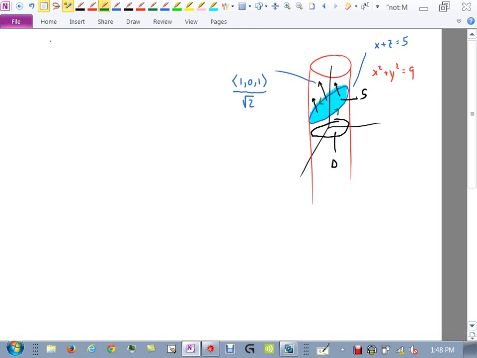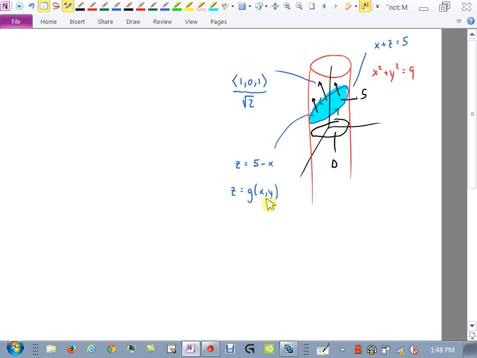Shadow. So let's look at this surface up here as being z equals 5 minus x, which means z is some function of both x and y. Now, even though y does not appear there, y is 0, it's still a function of two variables. So I can use that shortcut step, well, not the shortcut, the formulas.